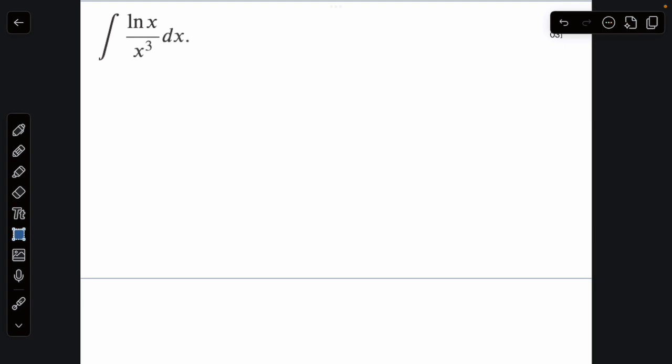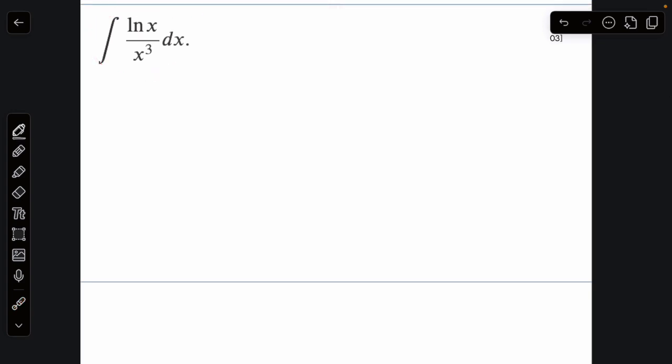Alright, so just to illustrate a quick example, guys, what we've got here is the integral of ln x over x cubed dx. So what are we going to write this as? Well, we can simplify this down and say that this is going to equal the integral of x to the power of -3 times ln x dx. Perfect. Now, how does this pair up against our acronym?